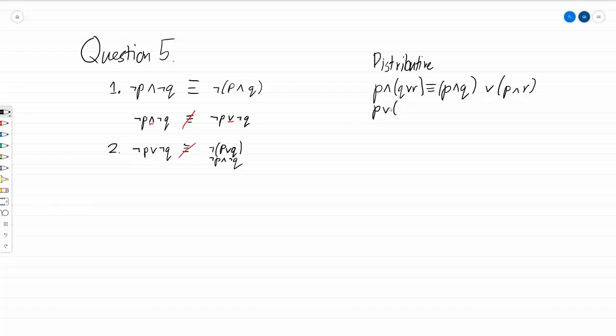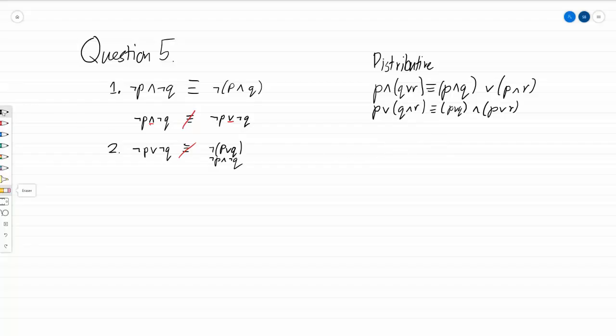So P or Q and R is equivalent to P or Q and P or R. So those are the same.